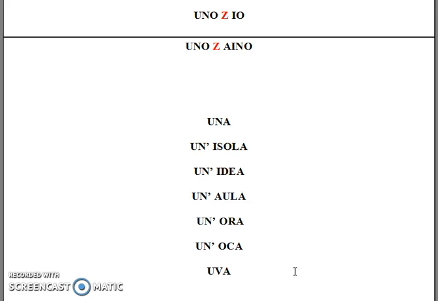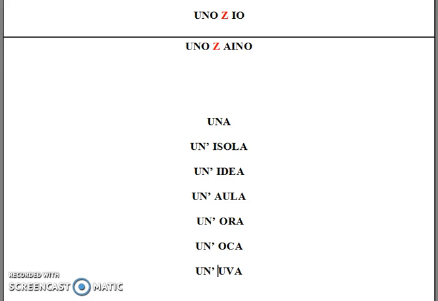Uva means grapes. It is singular. What does that mean? Well, you would be referring in this case to a particular type of grapes. Un'uva da tavola. Un'uva, a grape, da tavola means for table consumption, not for wine making.